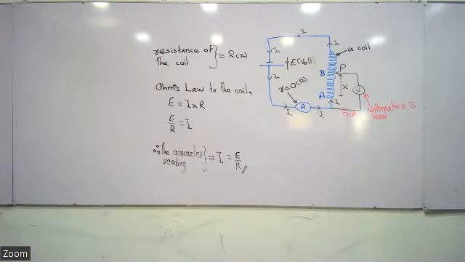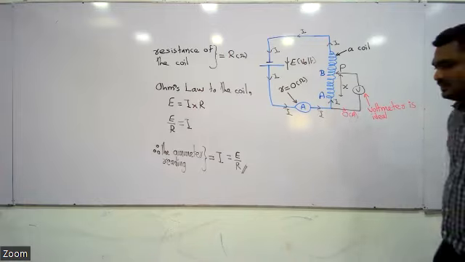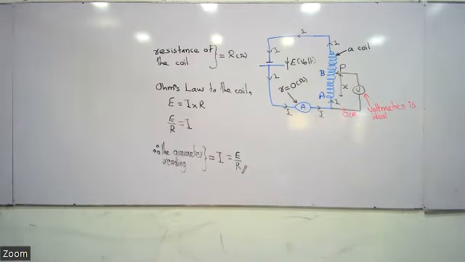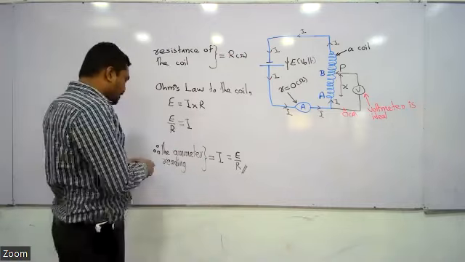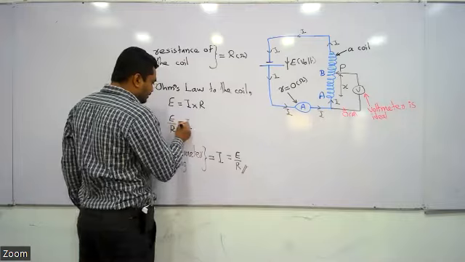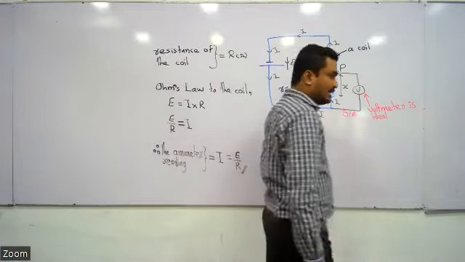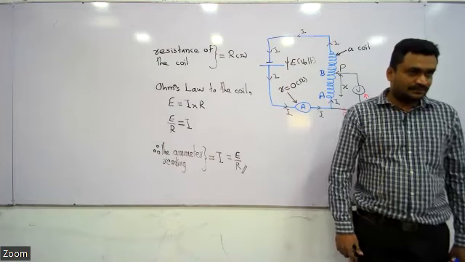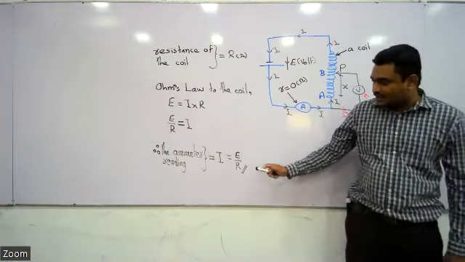Within brackets, whatever the value of x, the current should be constant, comma, according to the above equation. Close the bracket.